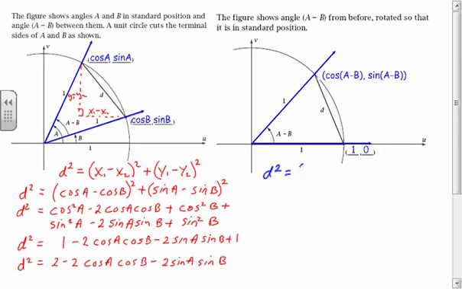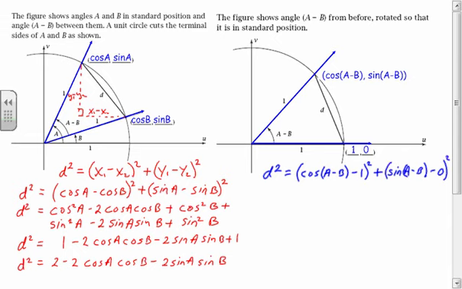I've got parentheses cosine A minus B minus 1, squared, plus sine A minus B minus 0. I'll write that in, but we don't need to actually, squared.